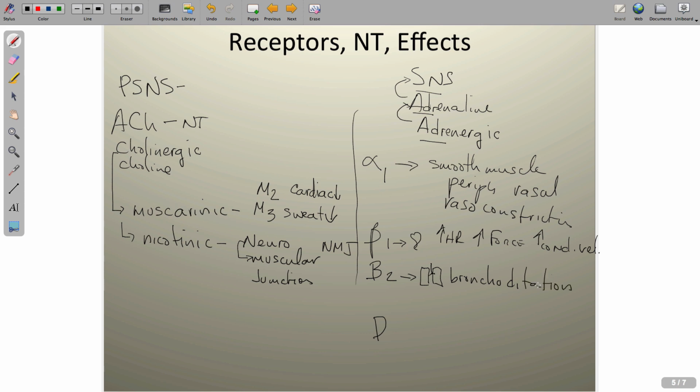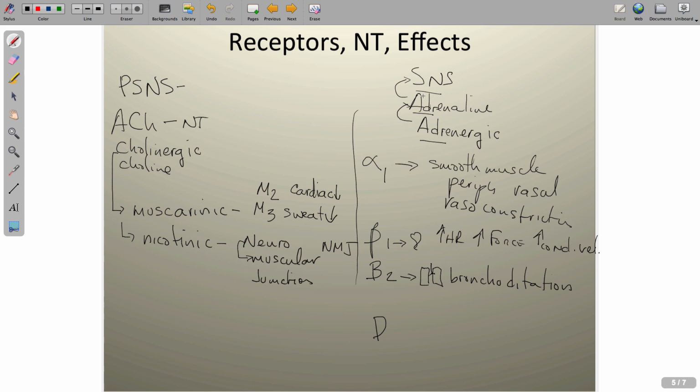But again, you already knew all this stuff because the sympathetic nervous system is fight or flight. Fight or flight means I need to increase blood pressure. So vasoconstriction is going to do that for me. So it makes sense that if we have adrenergic receptors in the peripheral vasculature, they will cause those vessels to vasoconstrict. It just so happens that the name given to that particular receptor is the alpha 1 receptor.